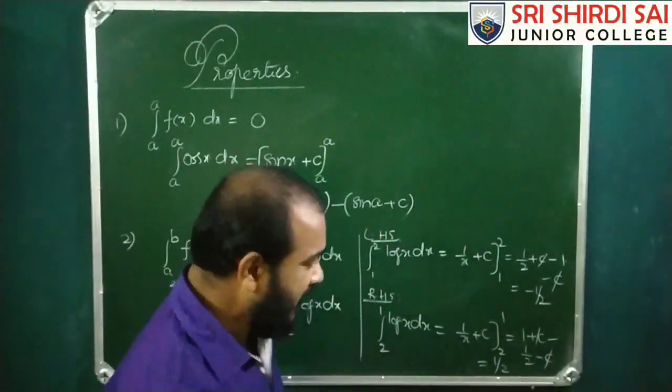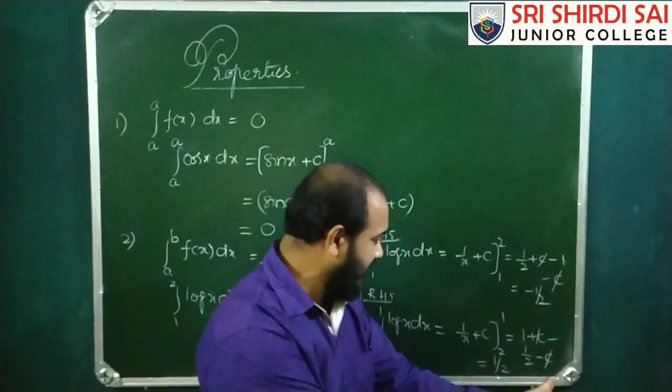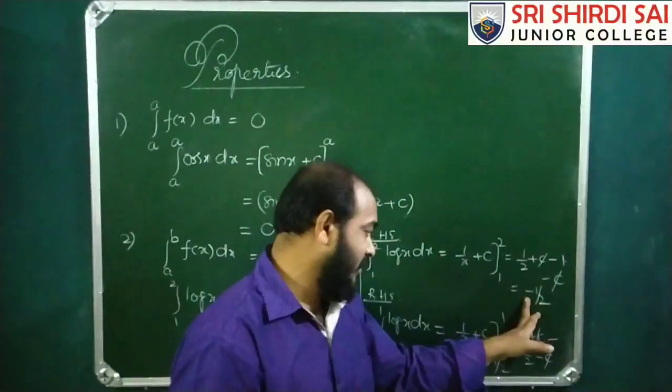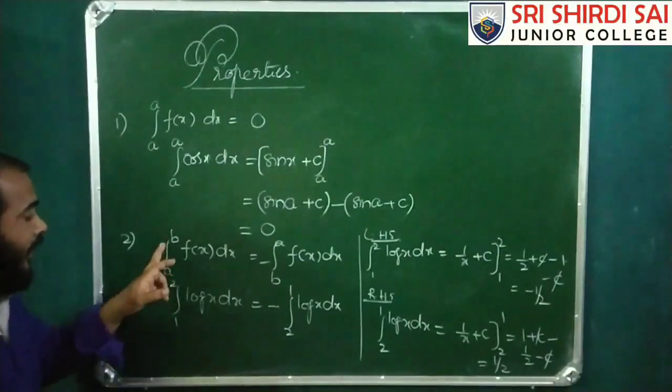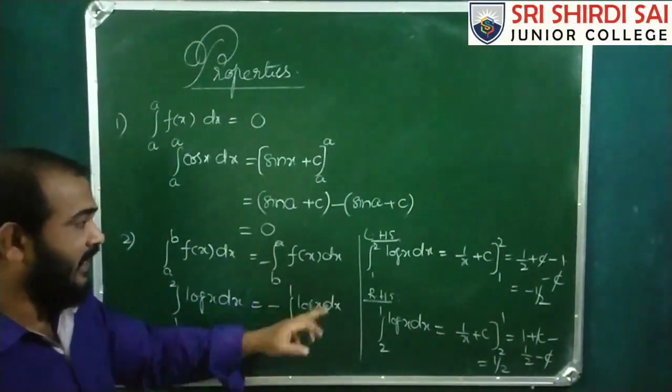Therefore there is no change in the numerical value. This 1 by 2 and this 1 by 2 remain unchanged, but the difference arises in the sign. So this is minus half, this is plus half. Therefore integral a to b of f of x dx equals minus integral b to a of f of x dx.